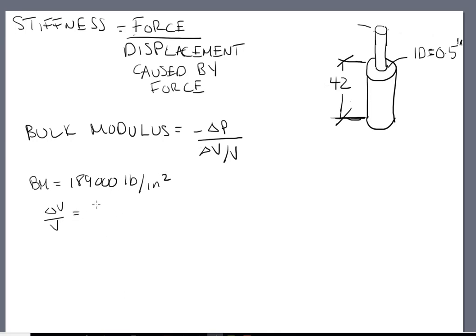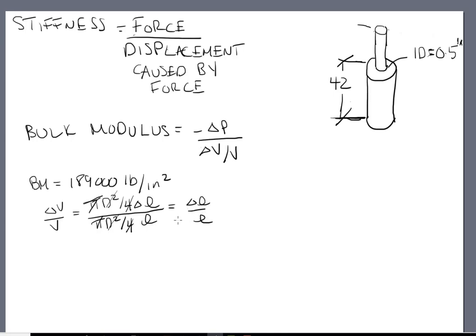The volume here is going to be pi d squared over 4 times the change in length, over pi d squared, or ID, over 4 times L. Well, what can we cross out here? We can cross the pi's out, the d squareds out, and the 4's out. So basically, delta V over V is equal to delta L over L.